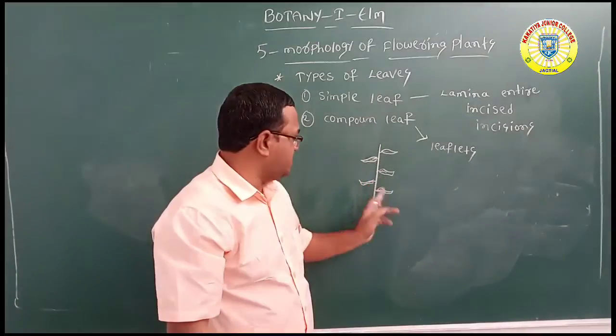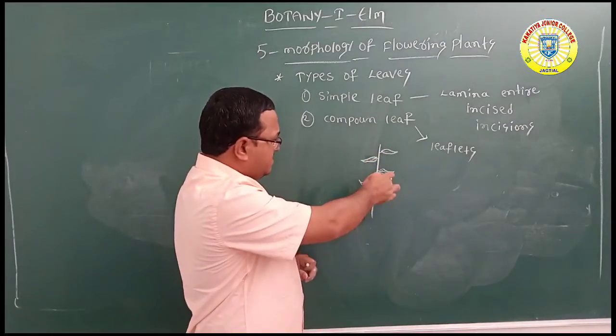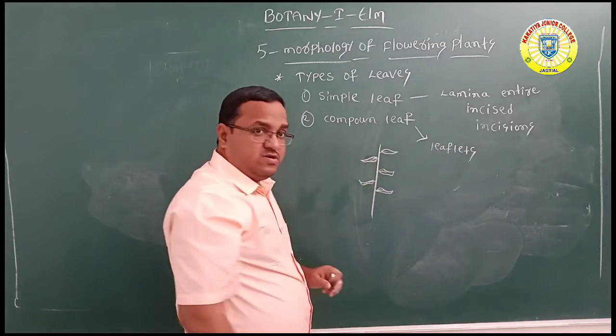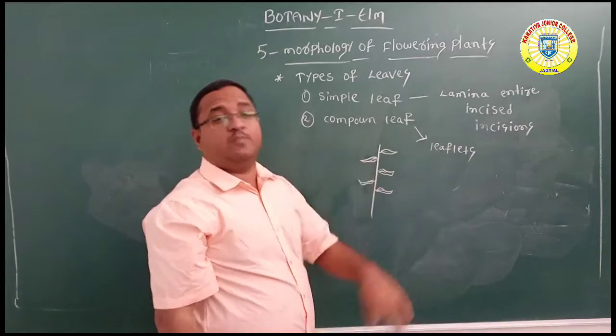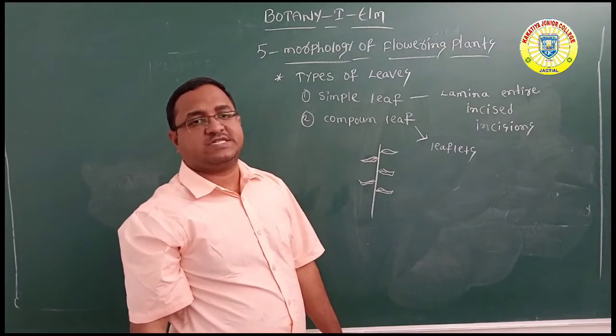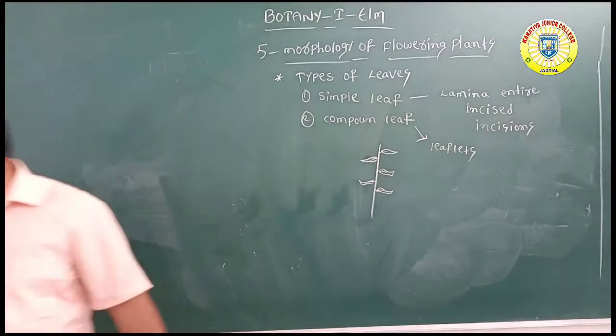Here you can see the midrib, and the lamina broken into small leaflets. This type of leaf is called a compound leaf.